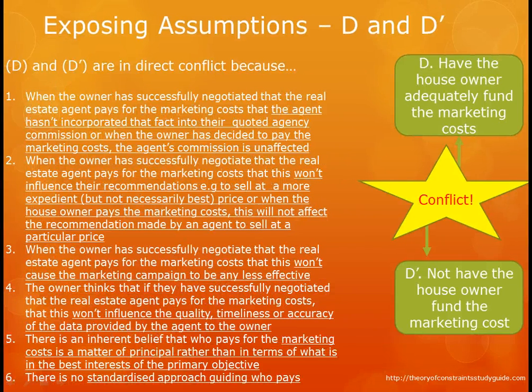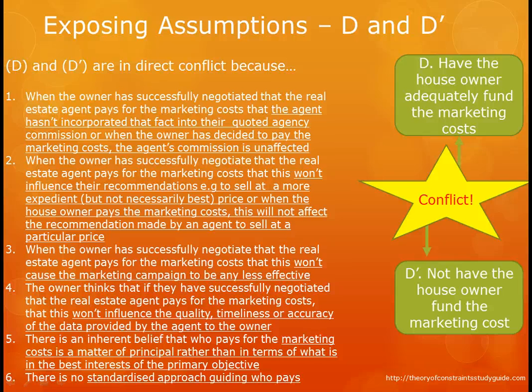Okay, so moving on to exposing assumptions between D and D prime, which is the conflict about whether the house owner funds the marketing costs or doesn't. You can take two perspectives here in terms of the wording, and for the first two assumptions I've actually shown both perspectives, but you'll find that assumptions 3 to 6 just take the owner's perspective. They can be reworded from the agent's perspective as well, but I haven't bothered to do that because I hope that the examples I give in 1 and 2 are sufficient to help explain what I mean.